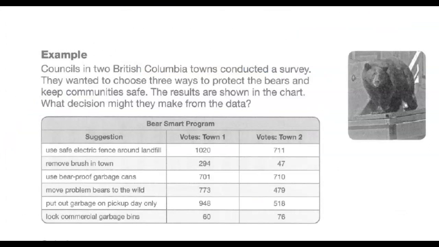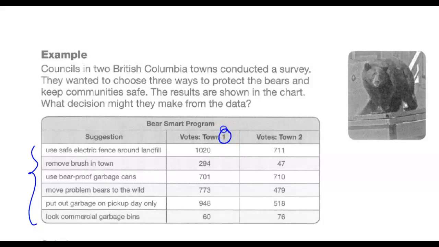Okay, here's another example. Okay, and this is councils in 2 BC towns conducted a survey. They wanted to choose 3 ways to protect the bears and keep communities safe. These results are shown in the chart. What decision might they make from the data? So if you take a look here, they put these suggestions to the town to vote.